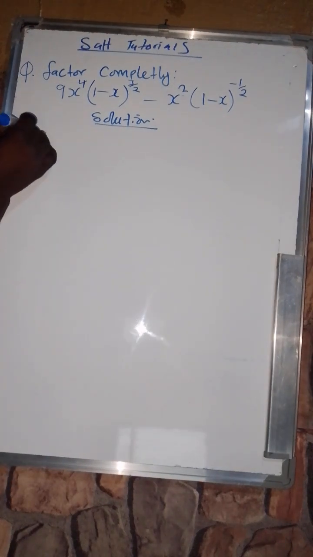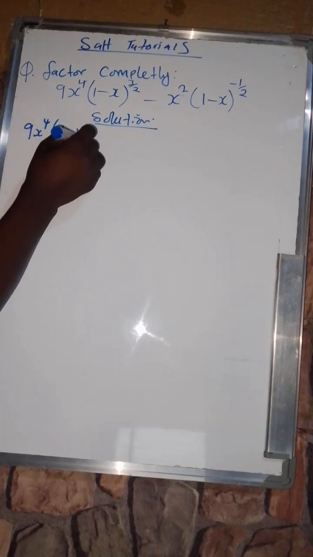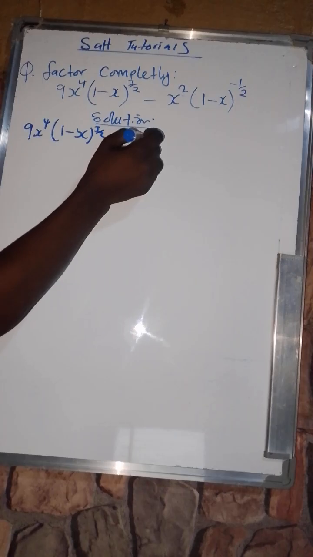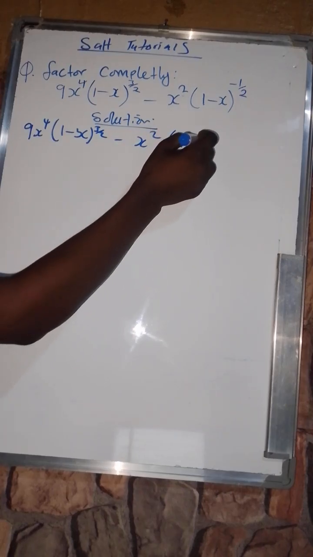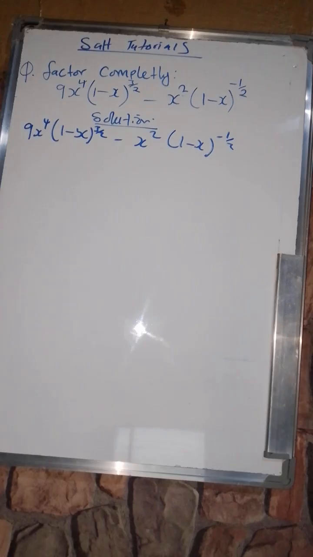I have 9x power 4, 1 minus x, power 3 over 2, minus x squared, 1 minus x, power negative 1 over 2. The concept of factoring works best by first identifying the common factor. The common term with the lowest power is what you factor outside.